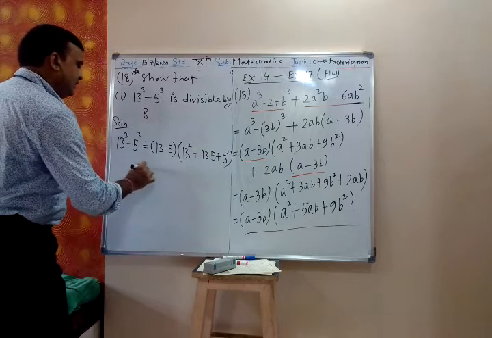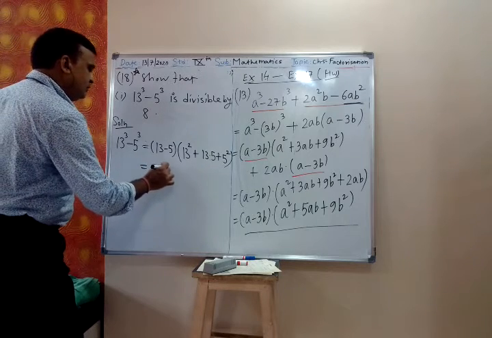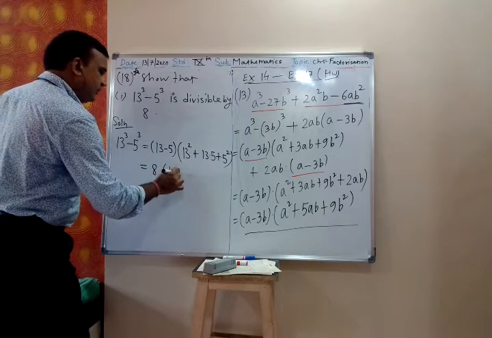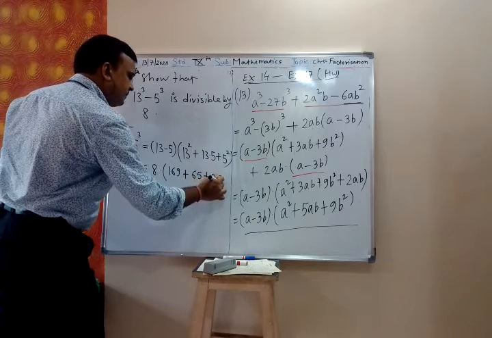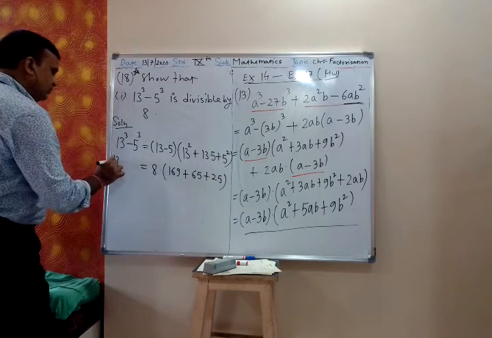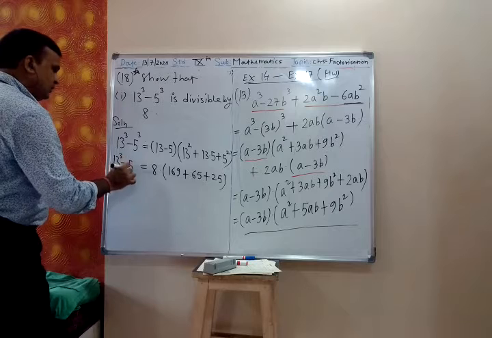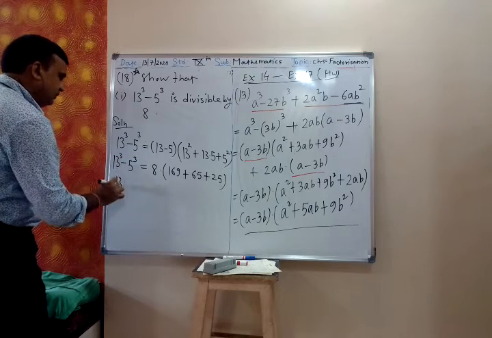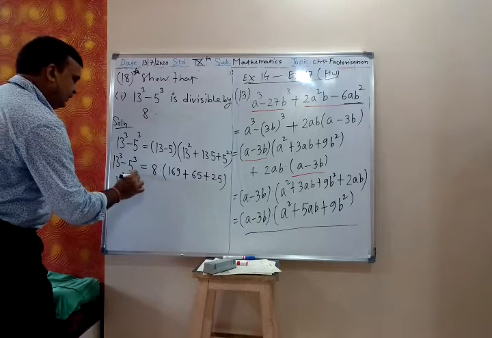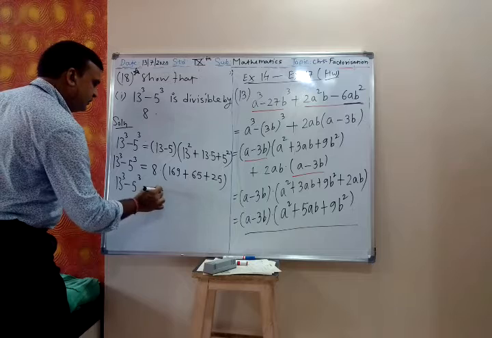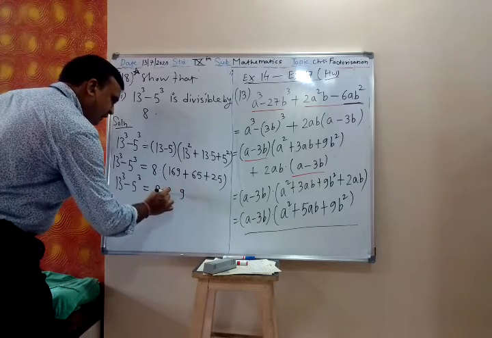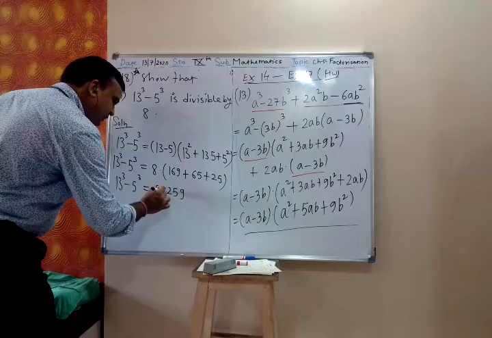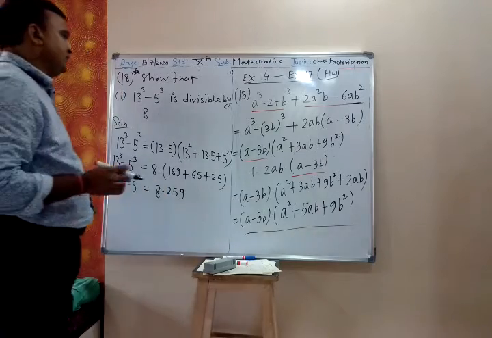So 13 minus 5 is 8, into 169 plus 65 plus 25. So 13 cube minus 5 cube is 8 into 259.